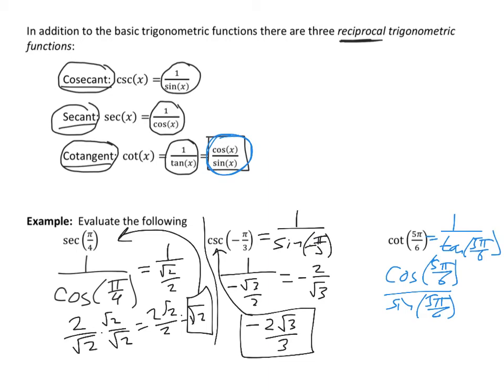The cosine of 5 pi over 6 is negative root 3 over 2. The sine is positive a half. These 2's cancel out, and this winds up being negative root 3. So hopefully you can see that evaluating these reciprocal trig functions is really just as simple as figuring out what their reciprocals are and then reciprocating them. It's a fairly straightforward thing.